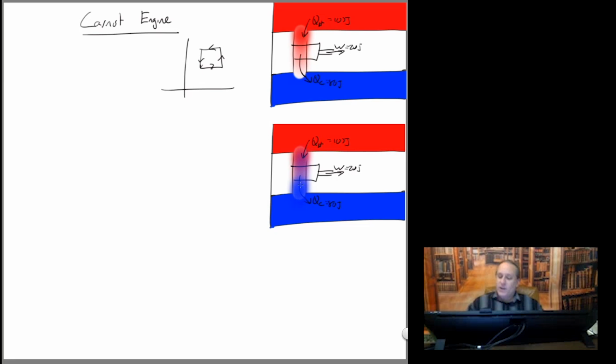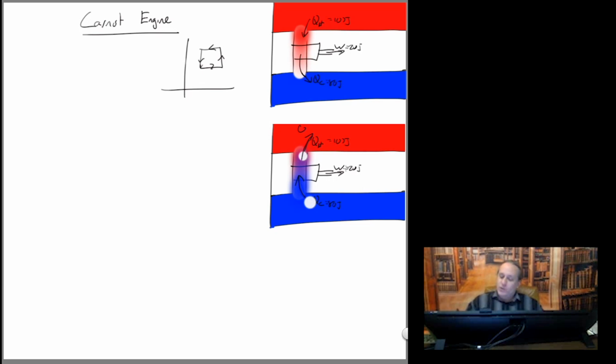We get heat flowing from our cold place toward the hot place. And then our QH is the heat going into the hot place.